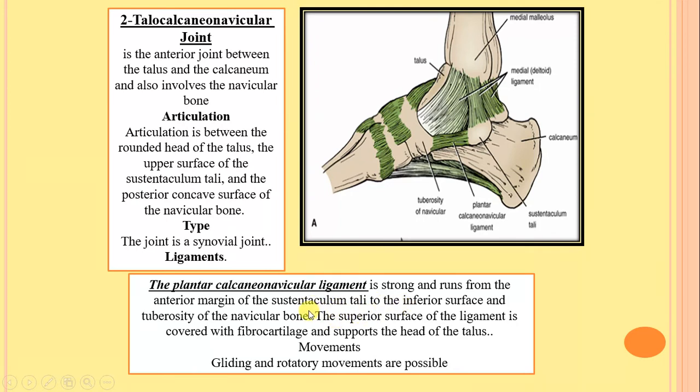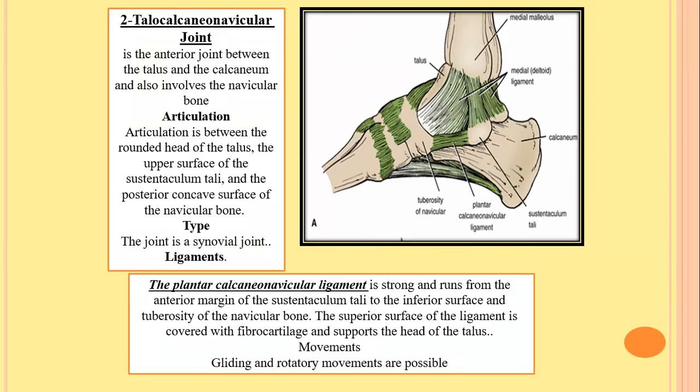It is strong and runs from the anterior margin of the sustentaculum tali to the inferior surface of the tuberosity of the navicular bone. Here are the other ligaments, the deltoid ligaments. The superior surface of the ligament is covered with fibrocartilage that supports the head of the talus, giving the shape of the joint.